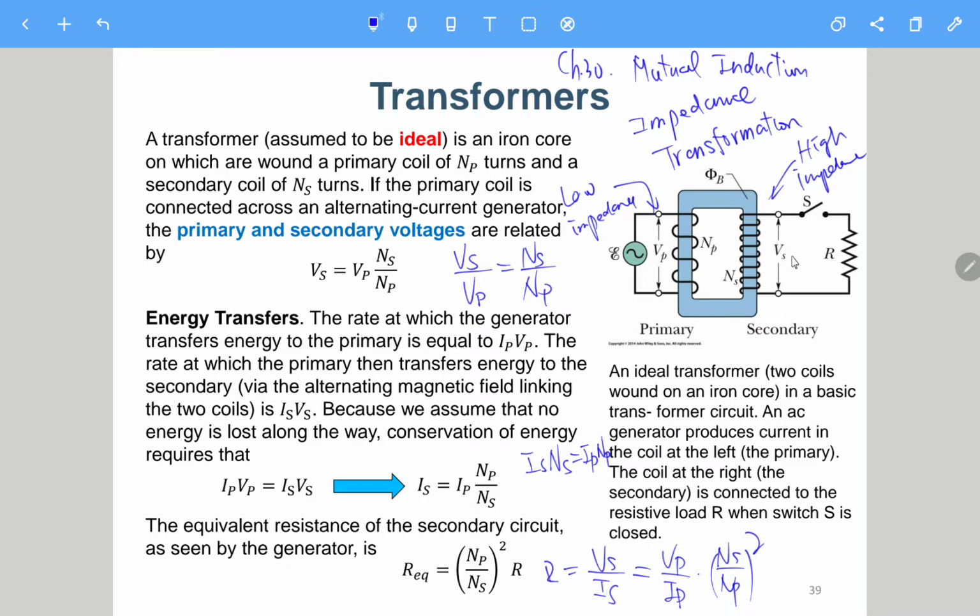But Vs over Is must be R for the secondary coil, while the primary coil sees an equivalent resistance of Np over Ns squared multiplied by R. So it is the so-called impedance transformation.